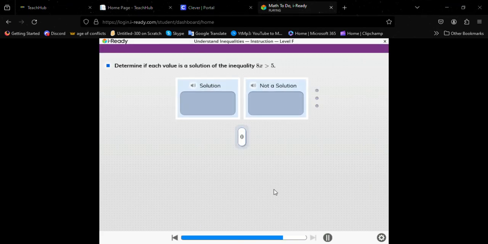Determine if each value is a solution of the inequality 8x is greater than 5.